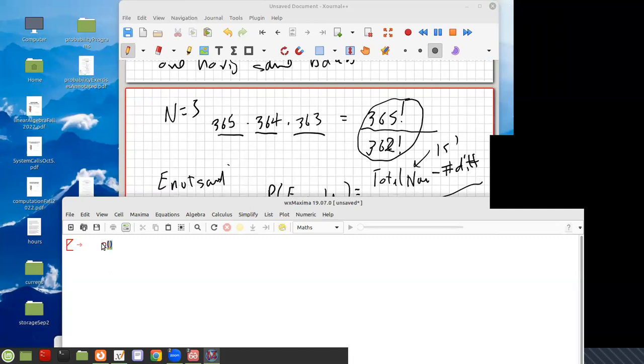P of n, or P of, say, capital N, then use a colon. Now, we could have 1 minus 365 factorial divided by 362 factorial, times 1 divided by 365 cubed.